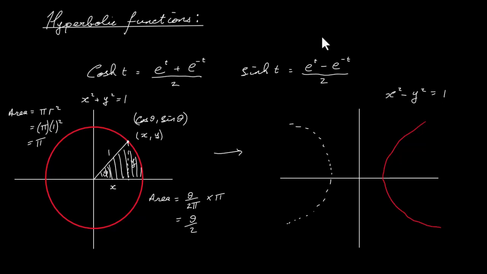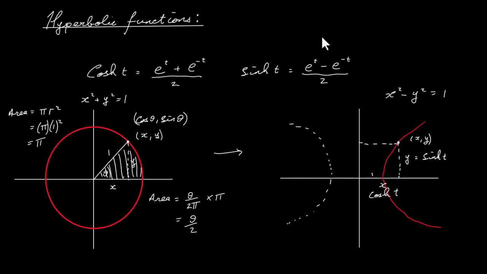So this is the unit hyperbolic function, so we have 1 unit out as far as here. Let's take a point up here and let's call that x, y. So the distance out as far as here is going to be x, and the distance up along here is going to be y. And in fact, the distance out along here, x, is also cosh of t, and up along here we've got the sinh of t.